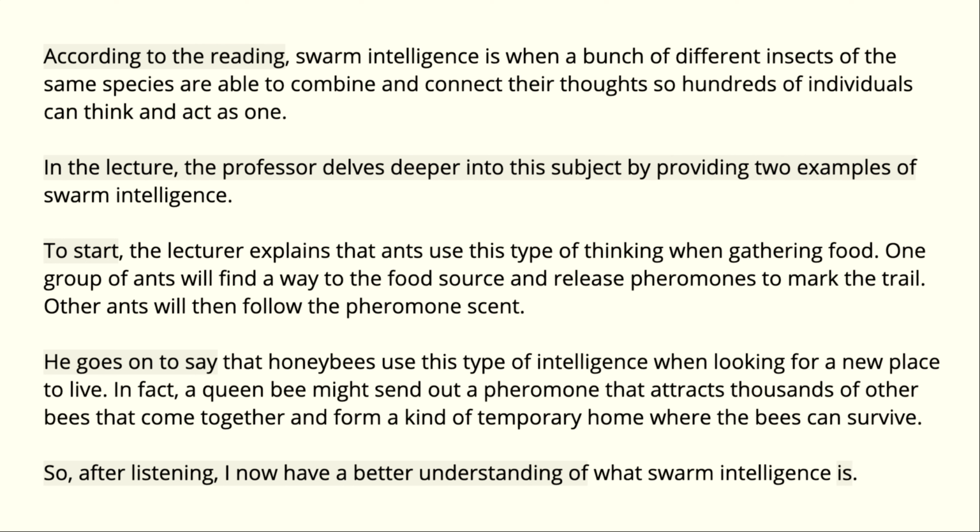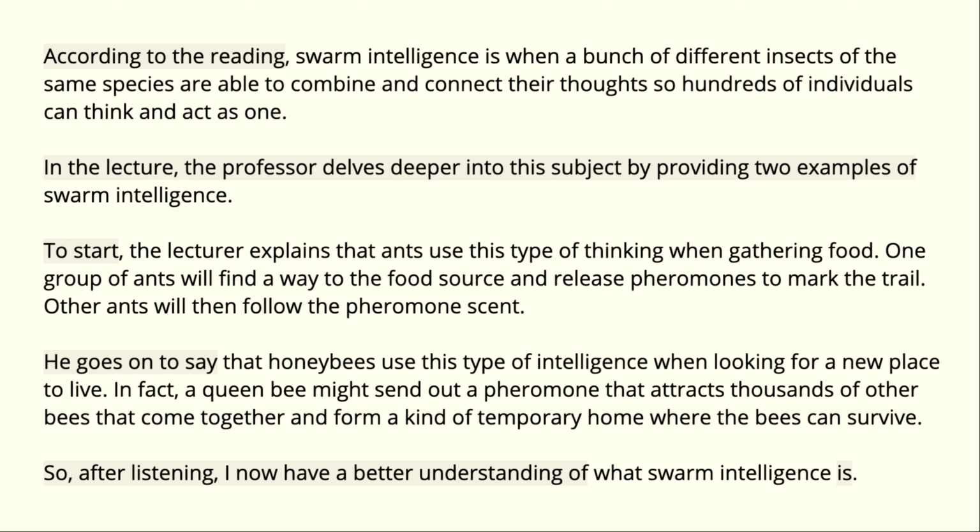According to the reading, so I start with the reading, right? So according to the reading, swarm intelligence is when a bunch of different insects of the same species are able to combine and connect their thoughts so hundreds of individuals can think and act as one. In the lecture, the professor delves deeper into this subject by providing 2 examples of swarm intelligence. So now I'm moving from the reading to the listening pretty quickly.